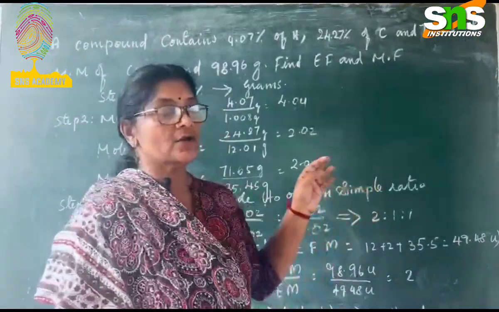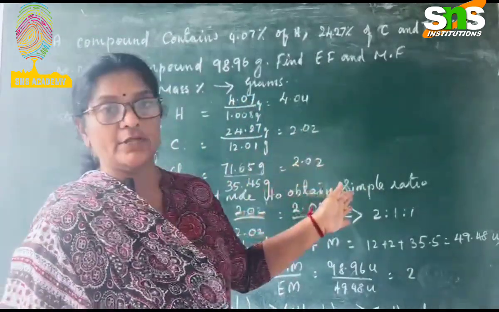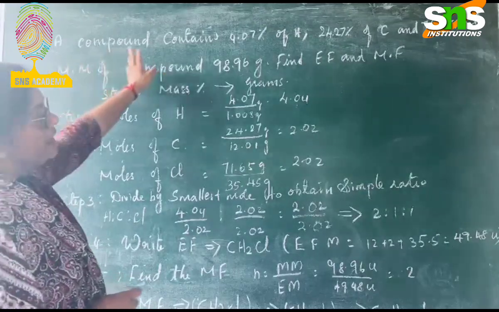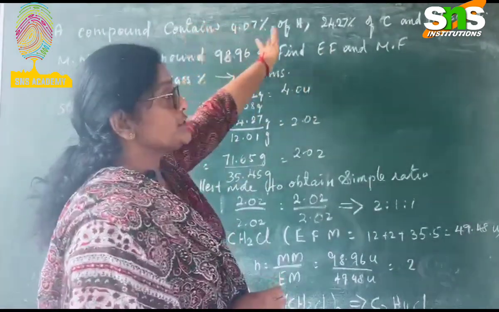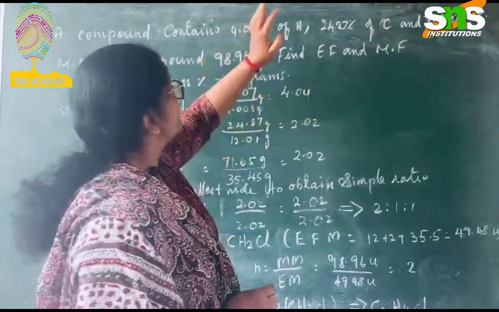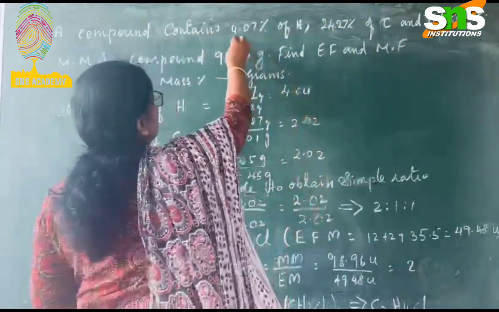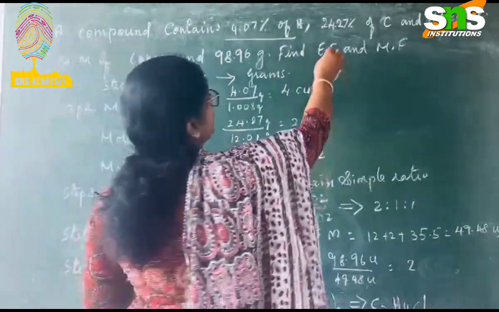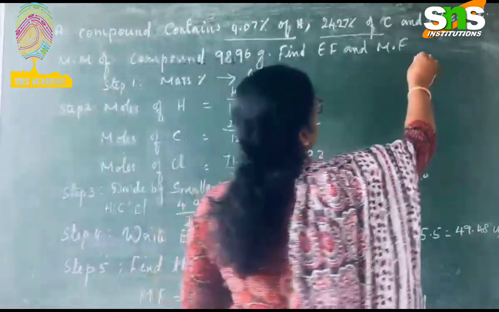Yes children, here is a question from the NCERT book related to empirical formula and molecular formula. So let us find the empirical formula and molecular formula of the compound, where the percentage composition of the compound is given. It is given that the compound contains 4.07% of hydrogen, 24.27% of carbon, and 71.62% of chlorine.